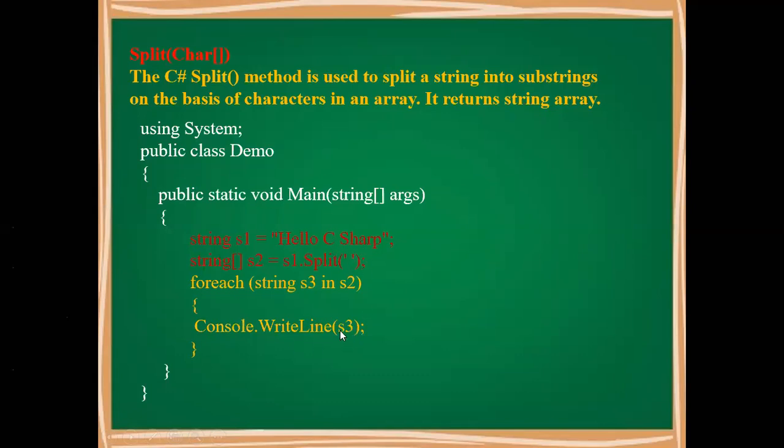The foreach loop continues till the end of the string. So you need not inform the string कि कहां पे रुकना है, वो automatically at the end of string रुक जाएगा. So that is the beauty of the foreach loop. So we will have the value Hello, then next line, because we are writing WriteLine, C and sharp. So it is a powerful function.